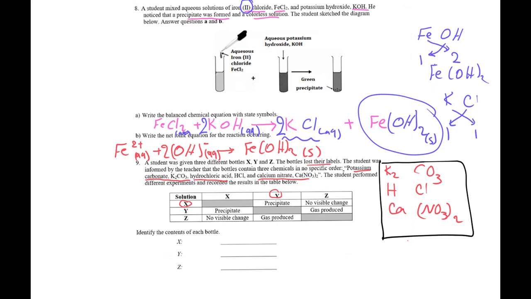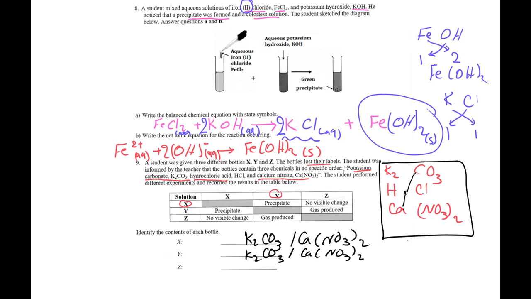Only calcium carbonate is insoluble. So X and Y, one of them is calcium nitrate, and the other one is potassium carbonate. So at least now we have an idea that this is K2CO3 or Ca(NO3)2, and the same guess applies for Y also.